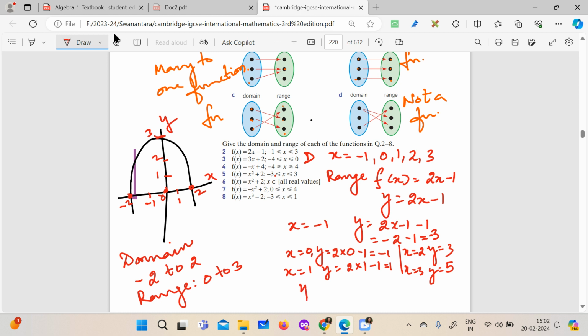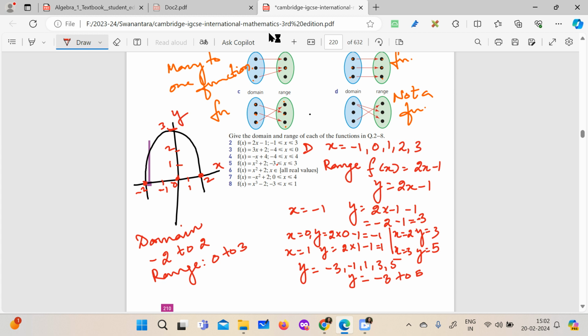So you can see that for the values of x from minus 1 to 3, we got values of y starting from minus 3 to 5, isn't it? We got the values minus 3, minus 1, 1, then 3 and 5. So can I say that my values lie between minus 3 and 5? Yes.